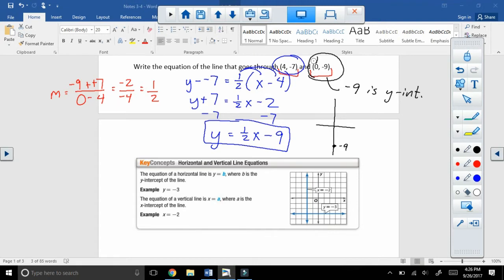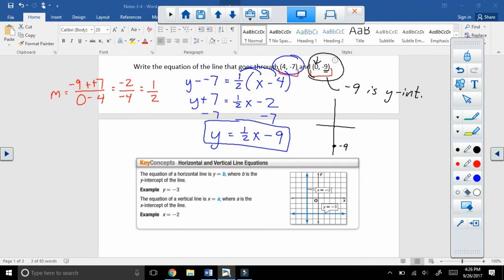So if you have a 0 first as your x value for a coordinate, whatever that y value is, that's going to be your y-intercept. So that might be a way to make kind of a shortcut out of some of these. It won't always work out all of the time, but I just want to point that out to you here.